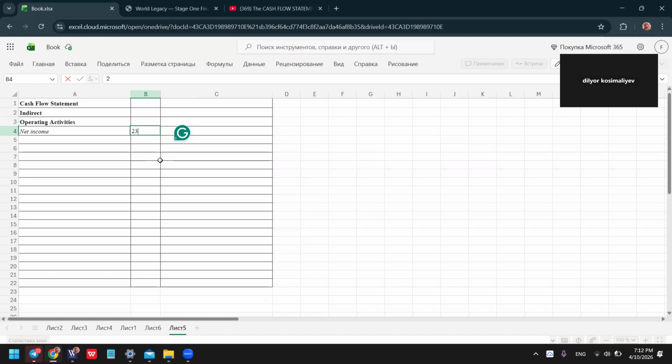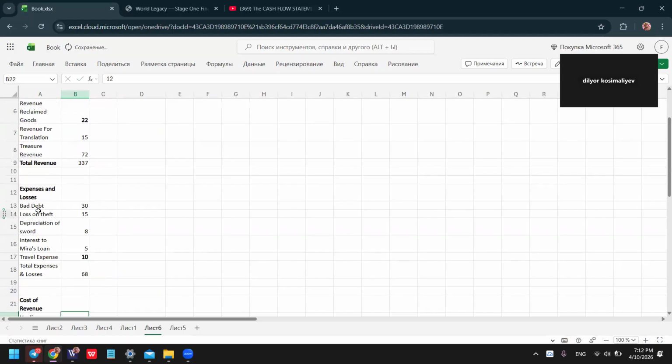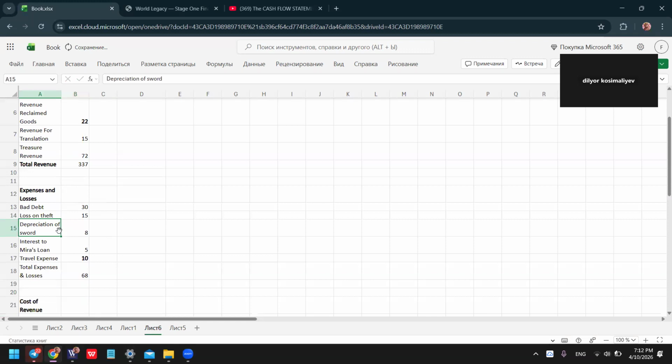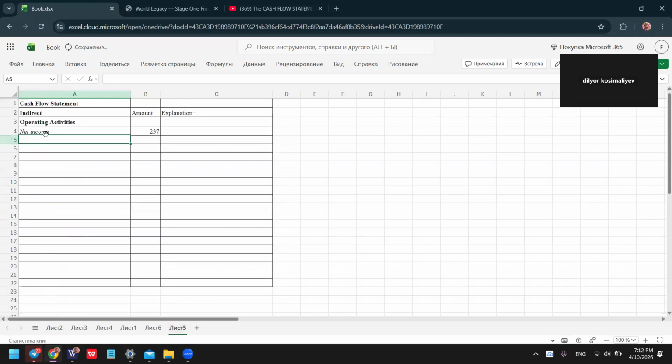Based on our income statement, as we can see, our net income is 237. Here is our explanation, although mostly my explanation will be verbal, so this will be blank. First things first, we go to the expenses and losses. Here we have the depreciation of sword.